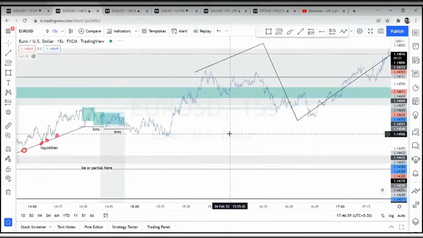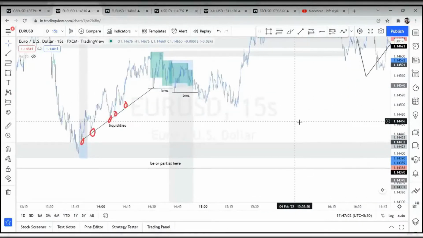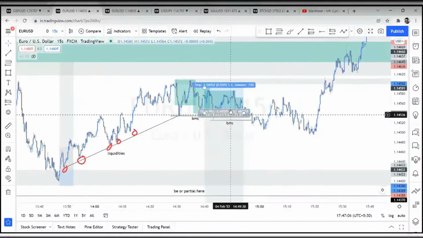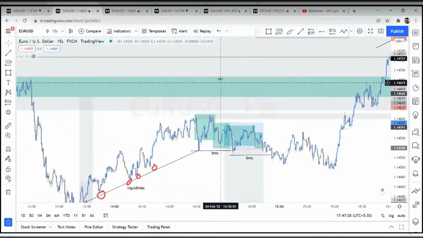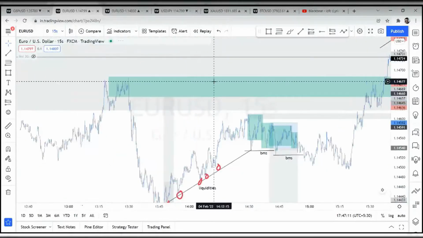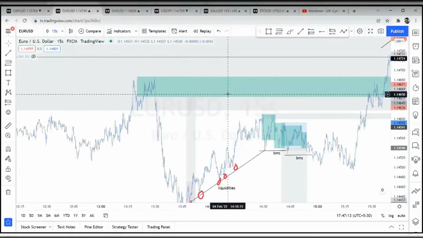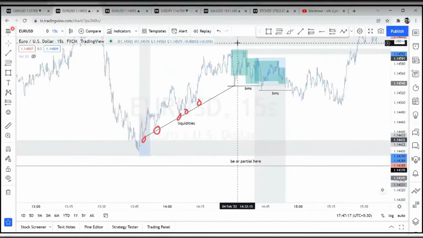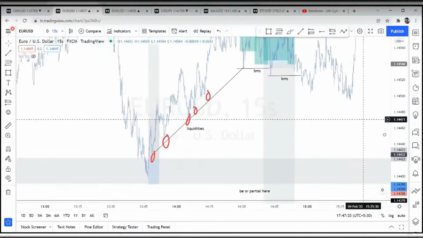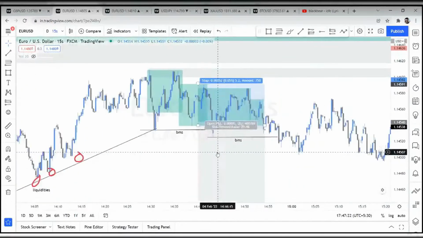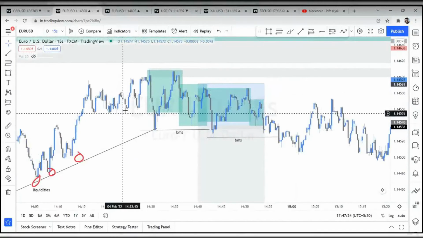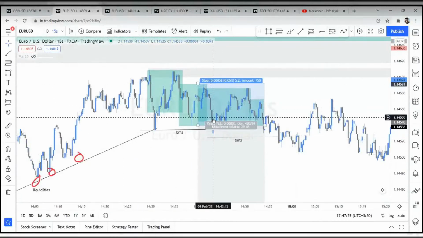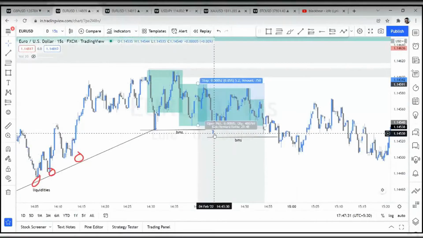And why I was very aggressive in putting BE on this is because this move never came to our area of interest that we marked out on a 5-minute time frame. It did not touch here. So when we finally have a break of structure, as you can see here, buying climax, automatic rally, ST, sign of weakness, UT or UTAD, and then we have the first breakdown here, break of structure.